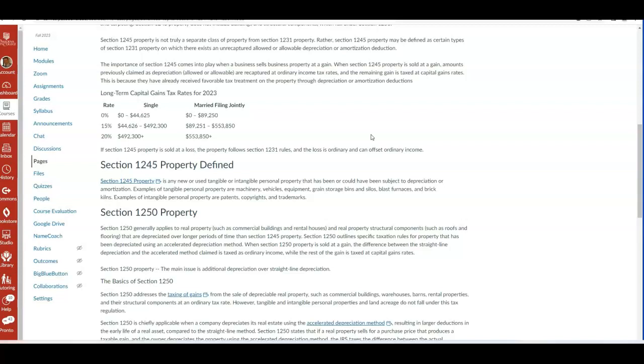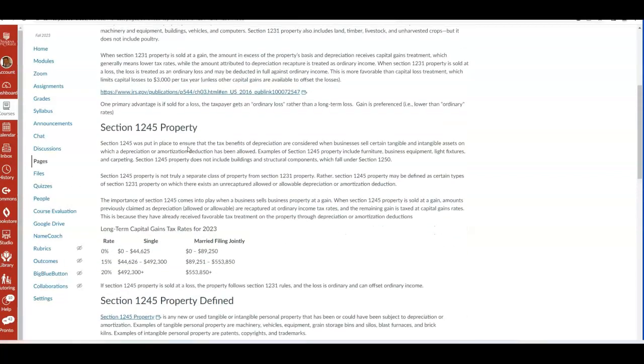If you are using the same software over and over, that will be great because your software already knows how much the depreciation has been up to the moment that you sold it, and your software will easily calculate what portion of that gain will be ordinary, based on ordinary income tax rate, what would be based on capital gain tax rate, and also the software will look at your income level and will decide which of these tax rates will apply to your situation.